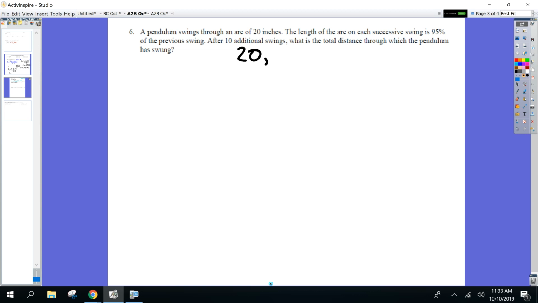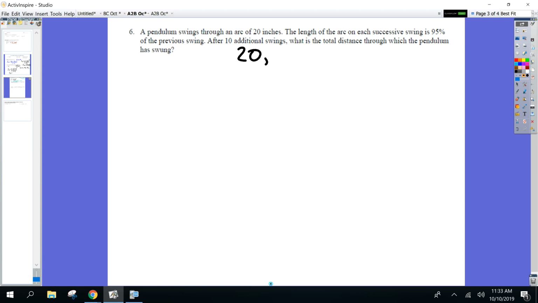All right. We go through an arc of 20 inches, and then every swing after that, it's 95% of what it was the previous time. I always like to write out a couple numbers in my sequence to see what I'm dealing with, whether it's arithmetic or geometric. So if 20 is my first one, and the swing is 95% of that, how do I find the next swing?